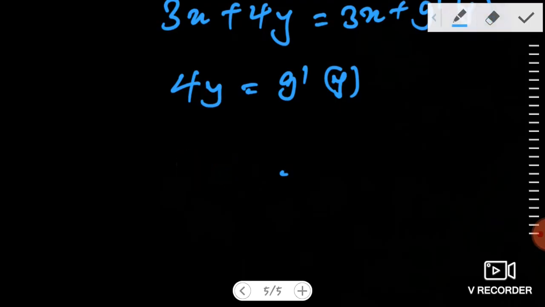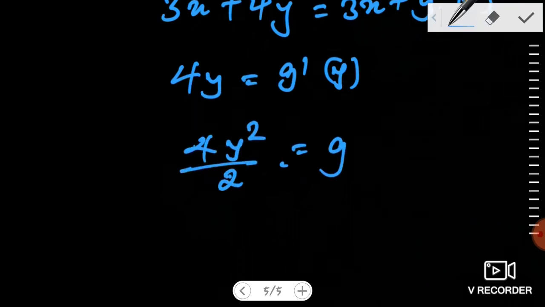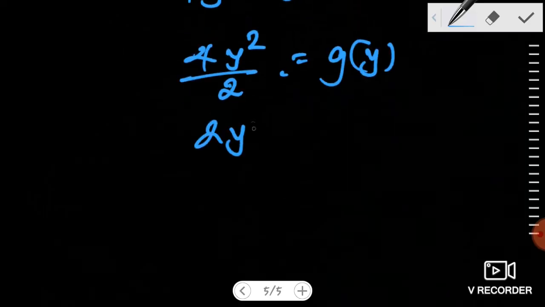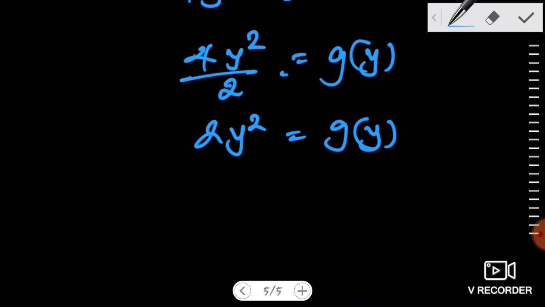So for us to get g, we have to integrate this, which will be 4y squared all over 2, which will be equal to g of y, right? Therefore, 2y squared will be equal to g of y.